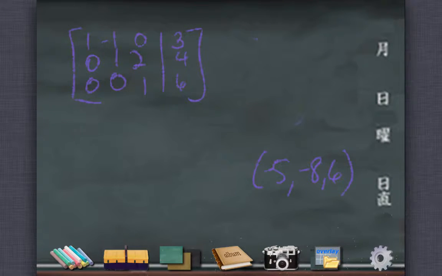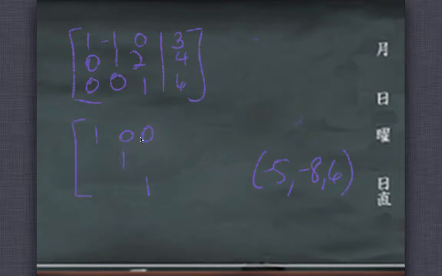So reduced row echelon form would have looked like 1, 1, 1, 0, 0, 0, 0, 0, 0. Oops. Line -5, -8, 6. It would have looked like this.